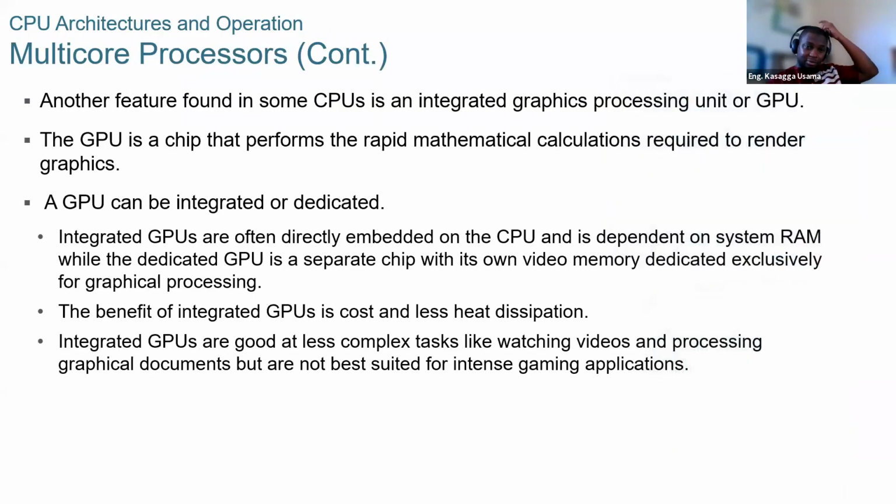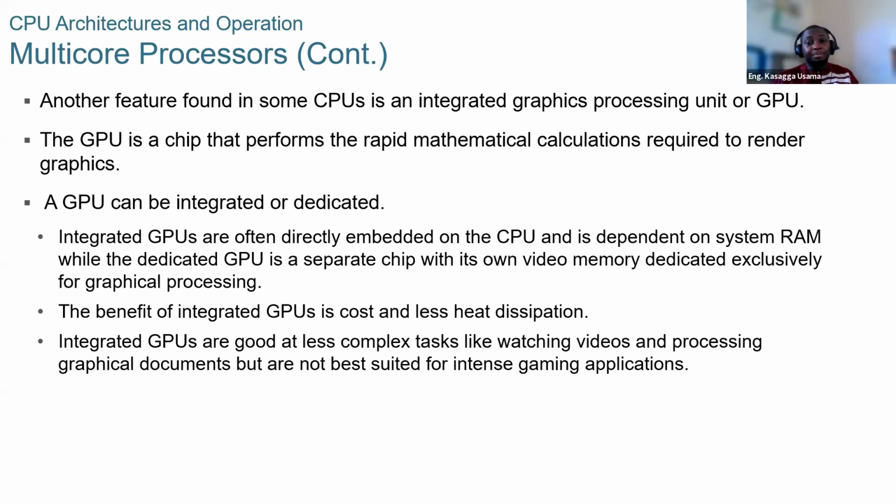Here we're talking about graphics. Another feature found in the CPU is what we call the integrated graphics processing unit. That's why you say Intel machines are better than the AMD machines. Why? Their graphics cards are so good. Some of them have integrated ones and then dedicated ones.